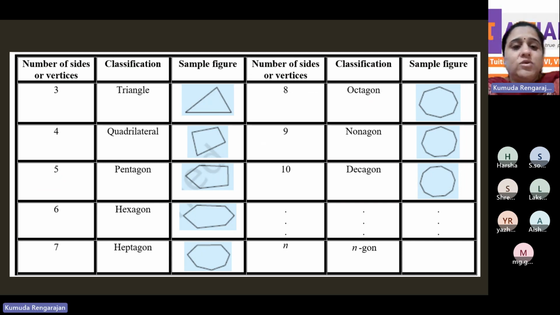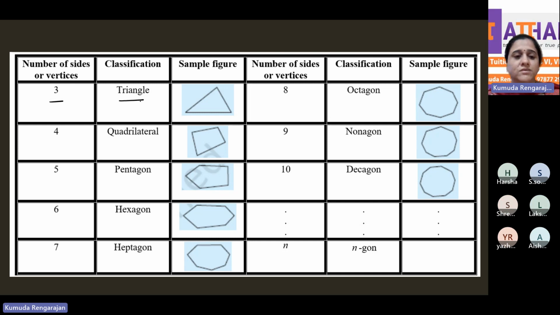All right, children. So you know what a triangle is. I don't have to introduce you to a triangle, quadrilateral, pentagon, and all this. Just go through the slide. Three sides, it's called a triangle.